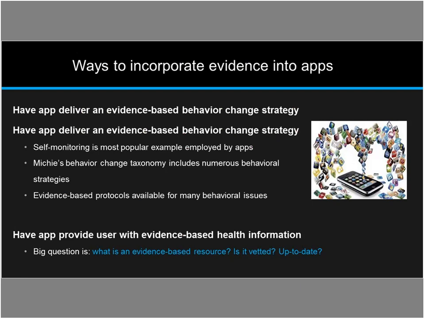There's also a behavior change taxonomy that has been the work of Susan Michie's group. And what it does is create a collection of numerous behavioral strategies that have been tried and true in a lot of studies in the research literature. And so that may be a place to go to look for evidence-based strategies.